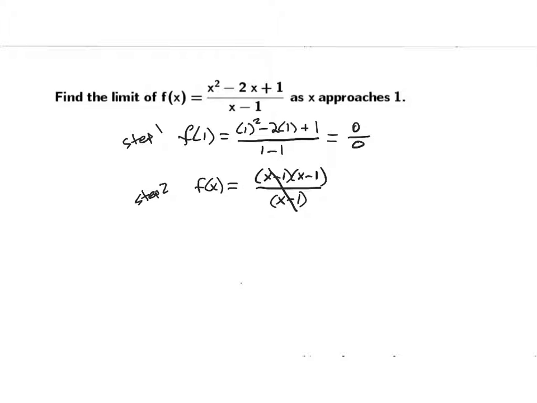So we get cancellation there. And that leaves us with x minus 1. So let's now plug 1 into x minus 1, and we get 1 minus 1, and that's 0. So we can write this limit as the limit as x approaches 1 of f of x equals 0.